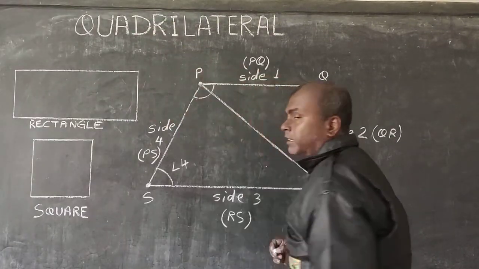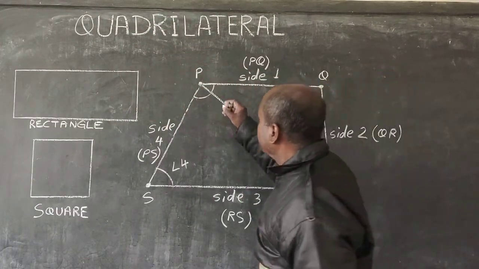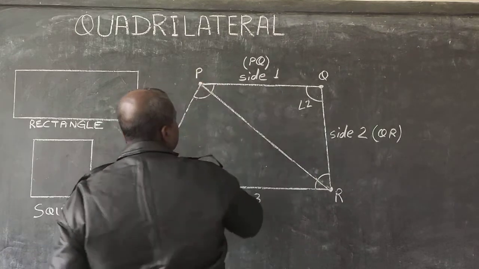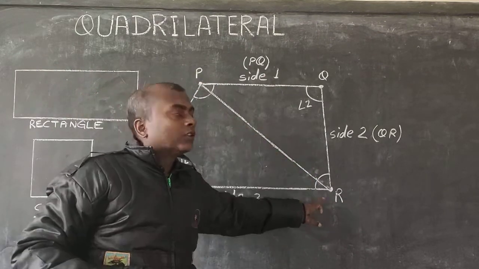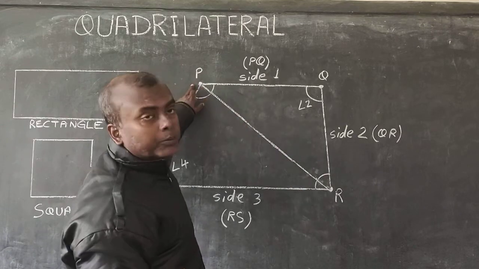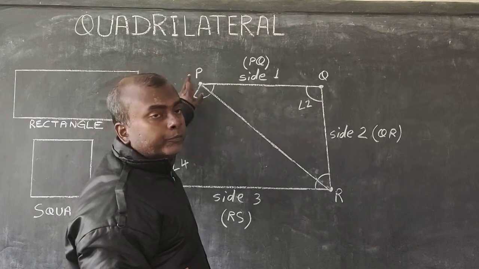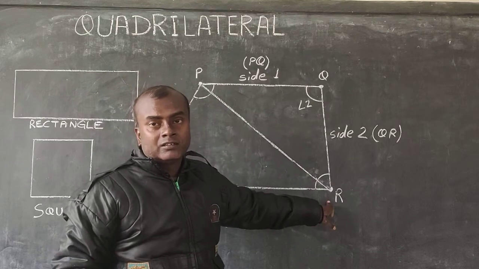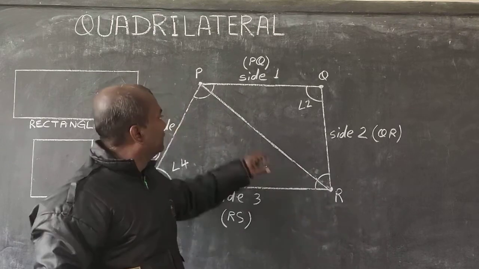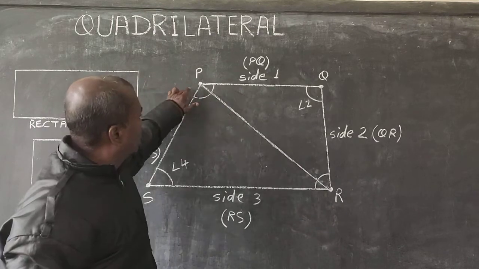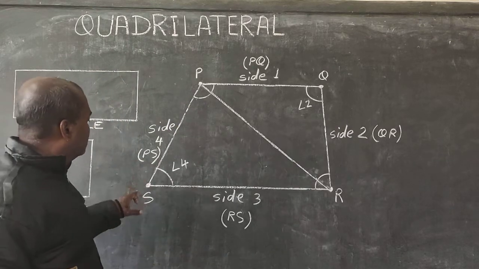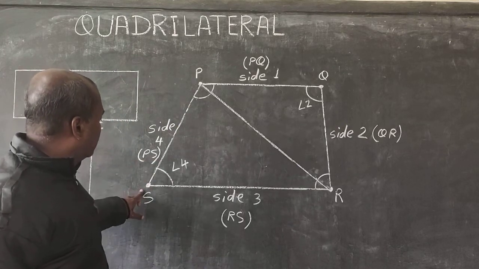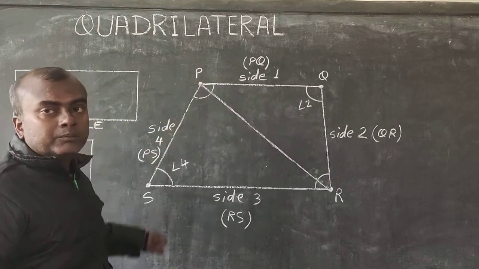See, diagonal number 1. Diagonals are actually those lines which connect opposite vertices. See, the opposite vertex of P is R. Opposite means they are not connected to the same side. Like PS is one side, no? So in PS we have one vertex S, one vertex P. They are on the same side.